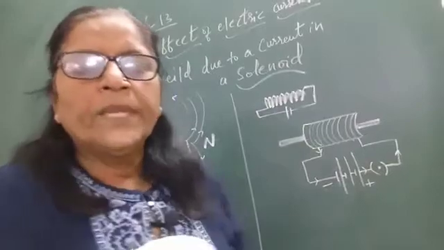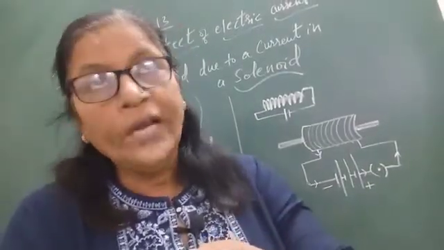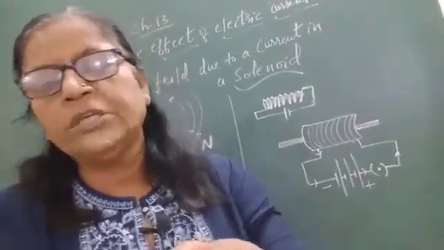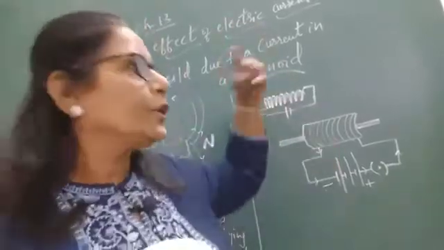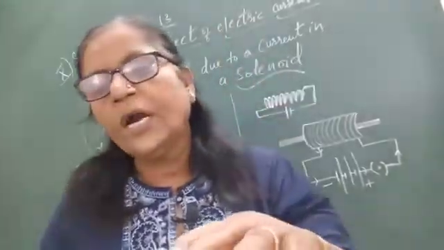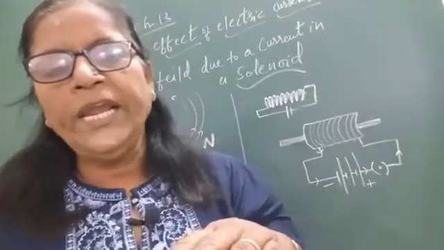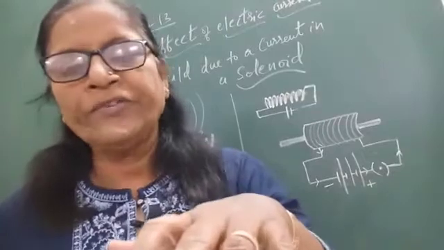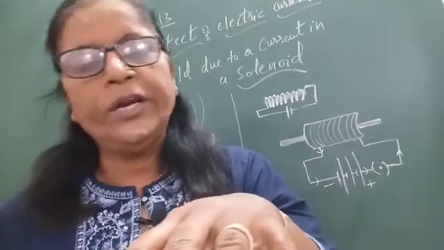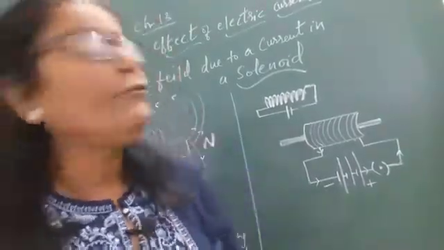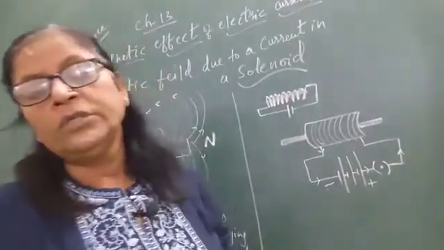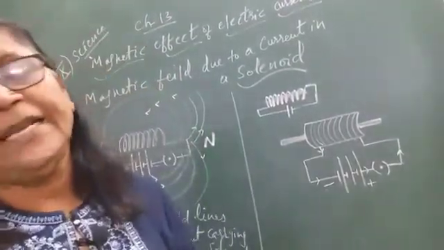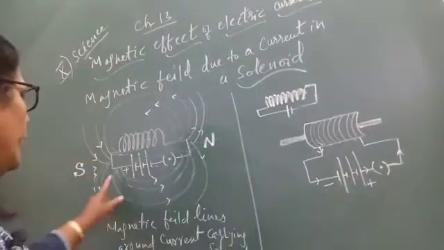So here a solenoid is a coil of many circular turns. Here these turns are circular, wrapped closely in the shape of a cylinder, and that type of structure is called a solenoid. The pattern of magnetic field lines around a current carrying solenoid is shown in this figure.